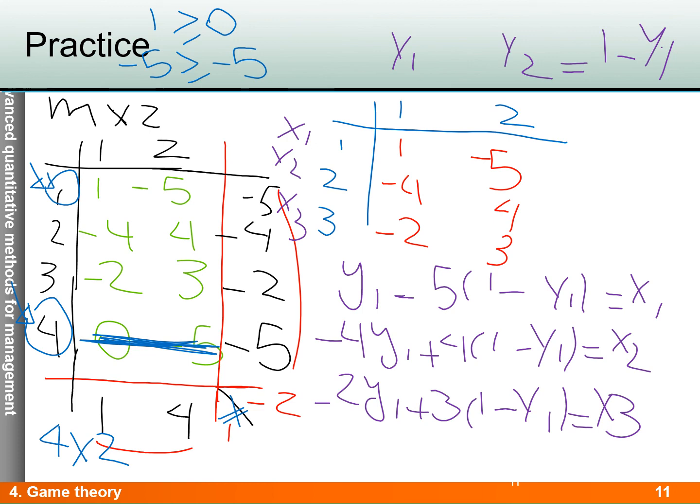Okay, guys? So now again, I have 3 lines to draw in my system. I will do it in the next slide because here I don't have any space.